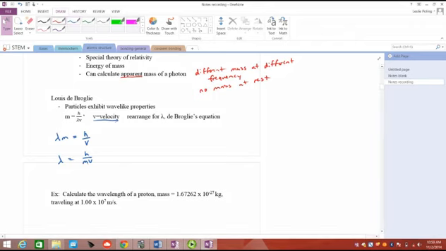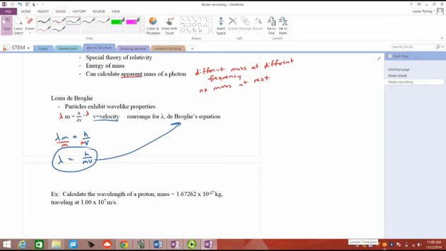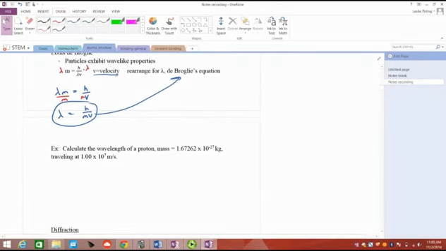Here we would just multiply both sides by lambda, and then here we would divide both sides by m. This is called de Broglie's equation. So we can use this to calculate the wavelength of a proton.